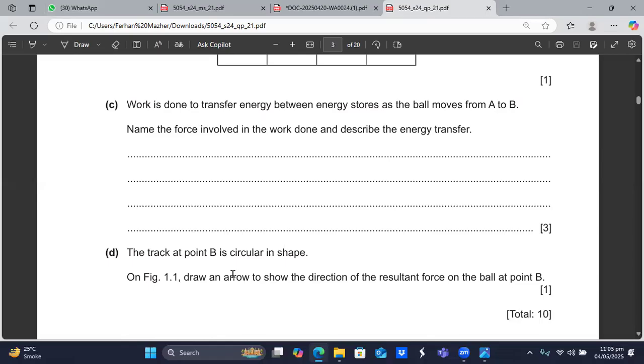So when you are at A, you have gravitational potential energy. So the weight will pull you down on that track. So what will happen? You will move down that track.